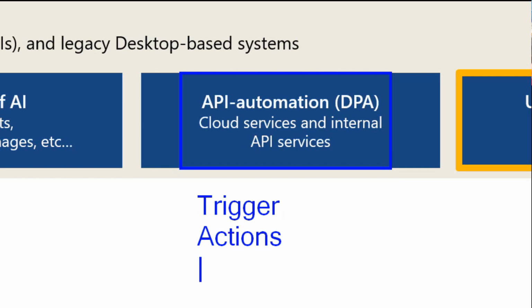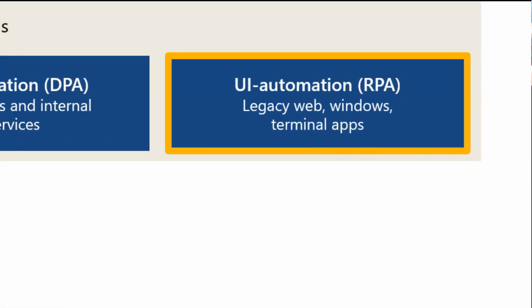Obviously, the trigger allows us to start the process, and then we define all the actions that will be executed inside this process, okay? But for legacy applications, you can use robotic process automation in order to execute this application and connect with cloud flows, okay?